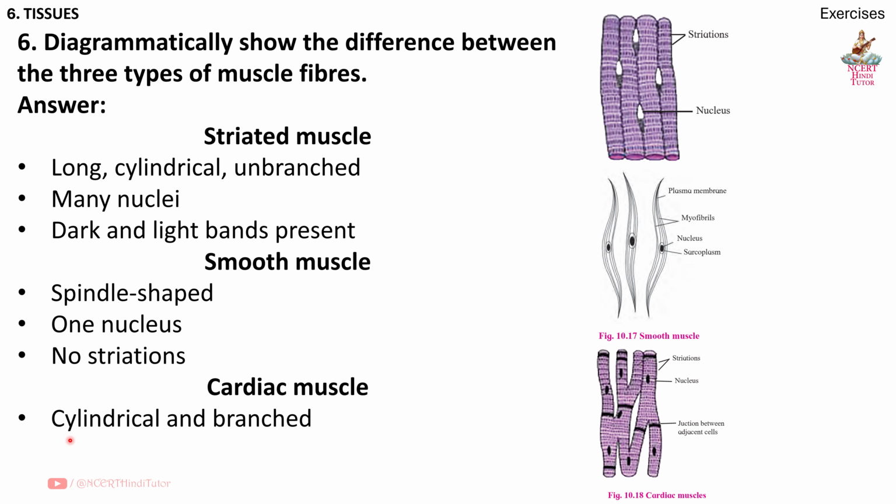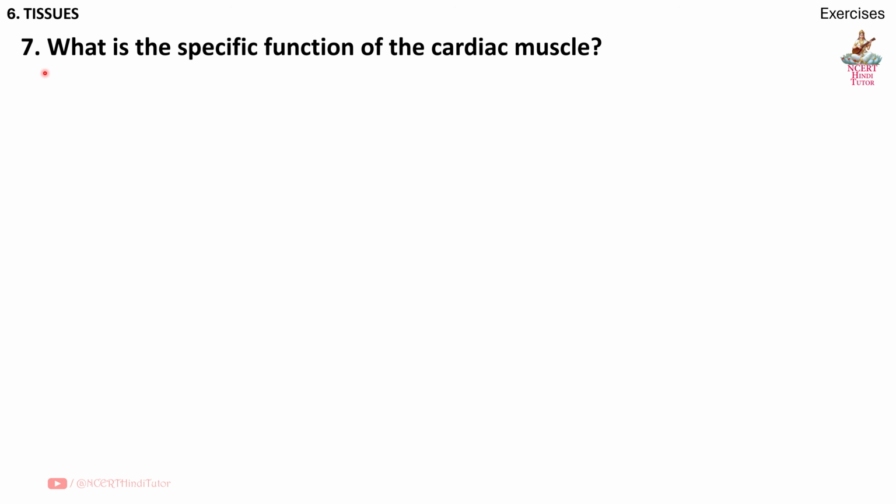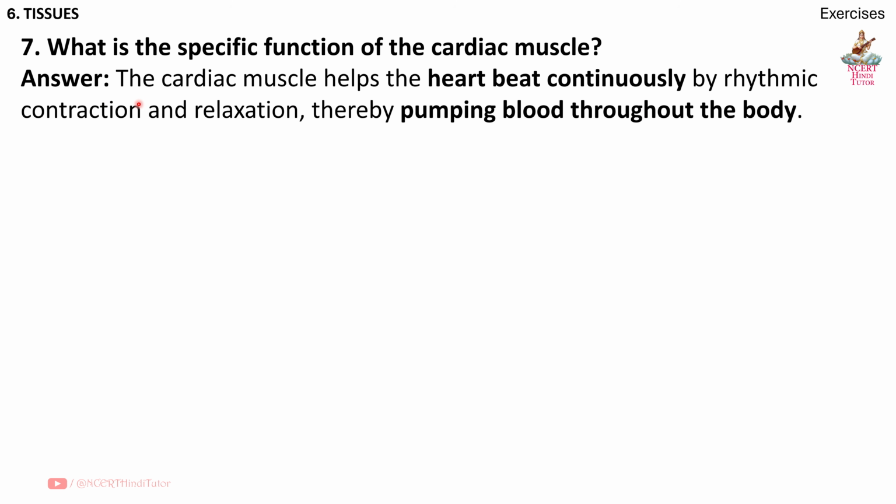Cylindrical and branched, one nucleus, striations present. Question 7. What is the specific function of the cardiac muscle? Answer: The cardiac muscle helps the heart beat continuously by rhythmic contraction and relaxation, thereby pumping blood throughout the body.